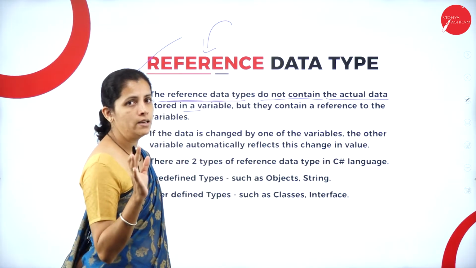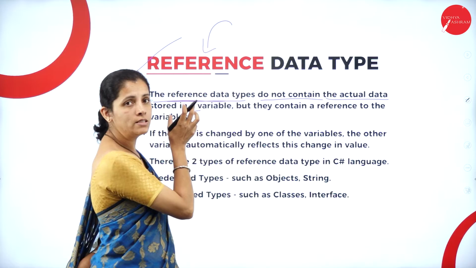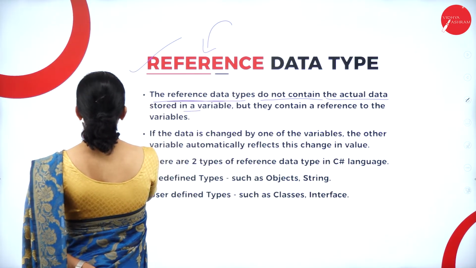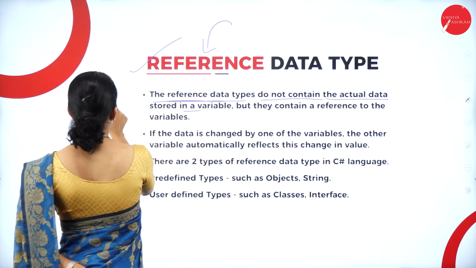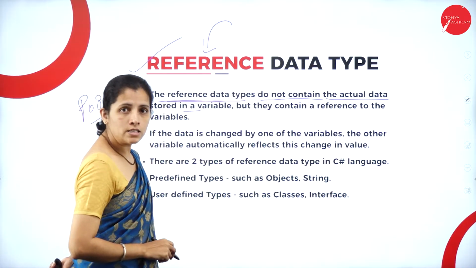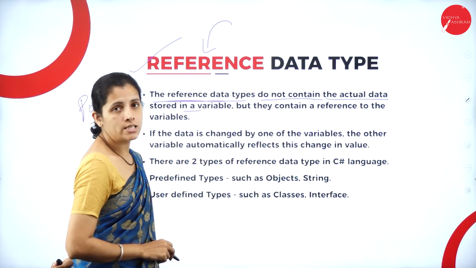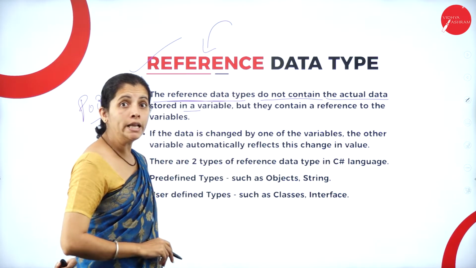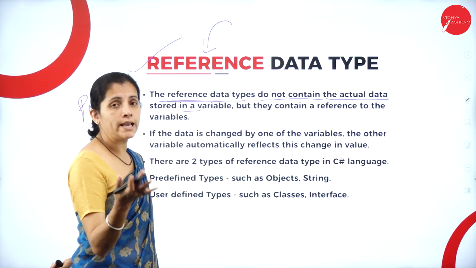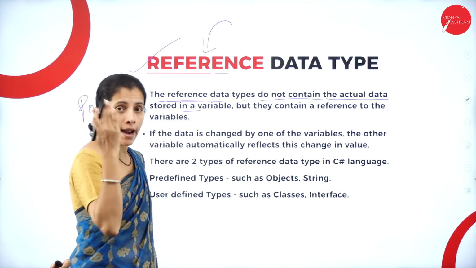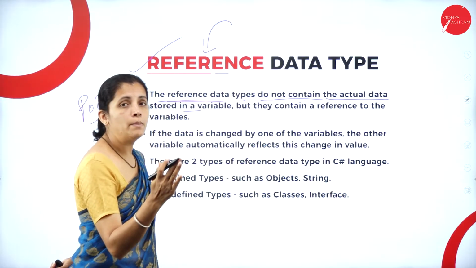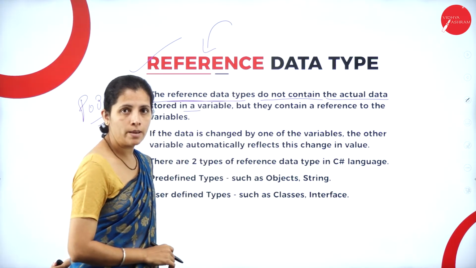So dear student, to understand this concept, consider pointer. Just remember pointer. So what is a pointer? A pointer is a variable which is responsible for holding the address of another variable. That means I can store the address of some variable in my pointer variable.